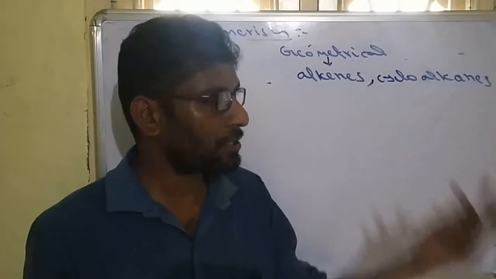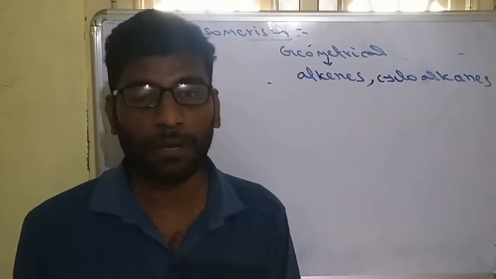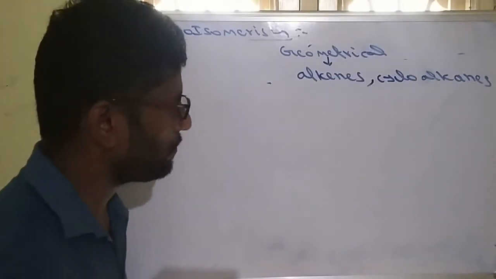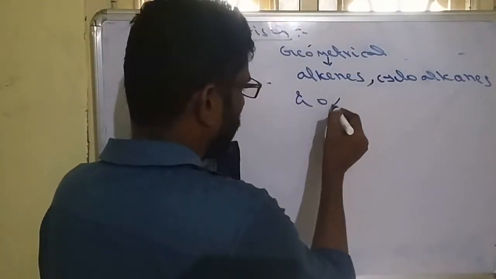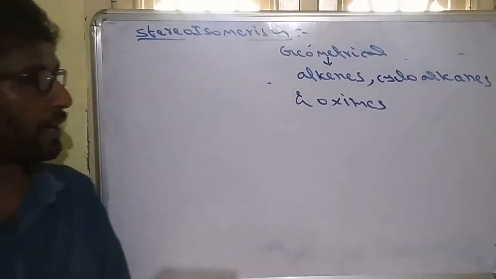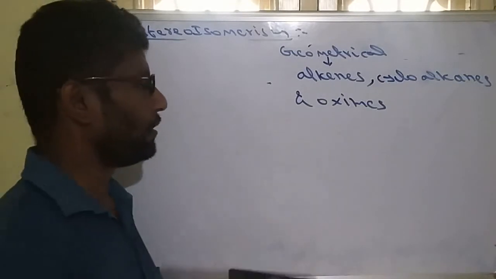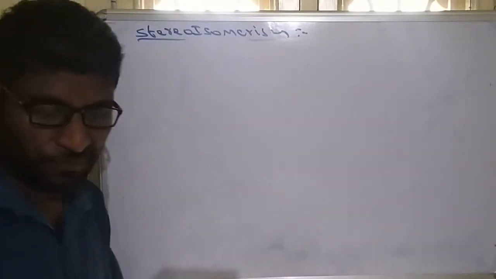When alkenes show geometrical isomerism, cycloalkanes also will show geometrical isomerism. So alkenes, cycloalkanes, also some oximes. Oximes also will show geometrical isomerism. So as examples, alkenes, cycloalkanes and oximes will show geometrical isomerism.